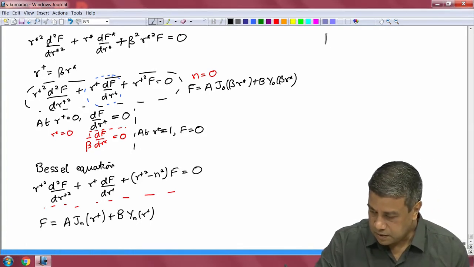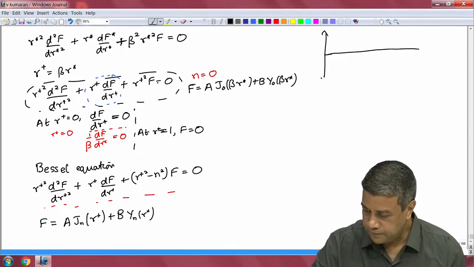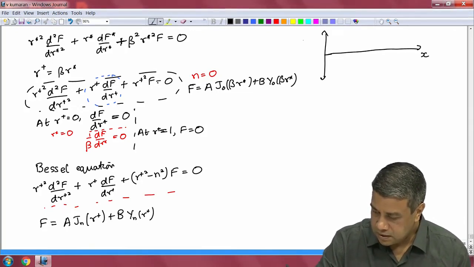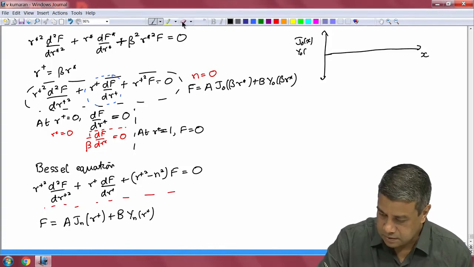So, if I plot x versus J0 of x and Y0 of x, let me color code it.